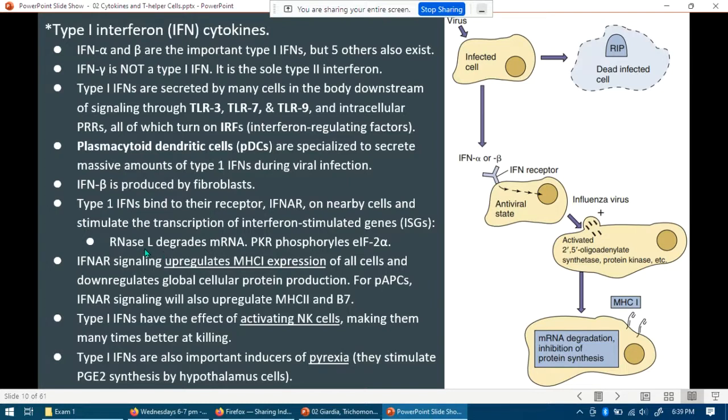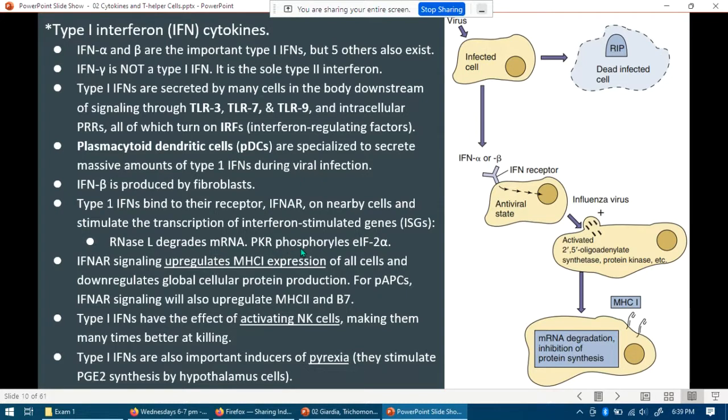The gene for RNase L is transcribed by transcription factors turned on through the signaling pathway of the interferon receptor. We also have a protein called protein kinase R that is produced from type 1 interferon stimulation. The job of RNase L is to degrade mRNA, and specifically it looks for viral mRNA, and it can recognize certain structures that are unique to viruses.